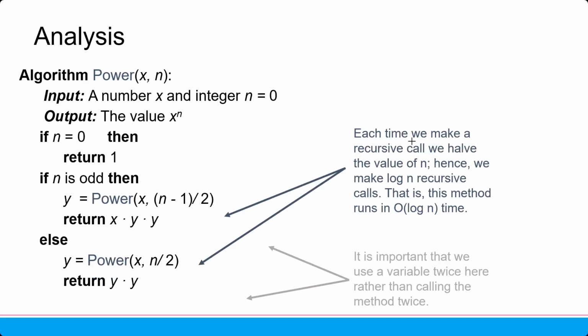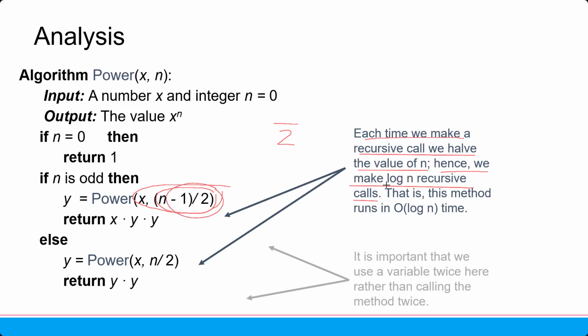For the analysis, each time we make a recursive call, we halve the value of n. Half means we divide by 2. So the operation will be halved. Then we make log n recursive calls because it is halved in every operation.